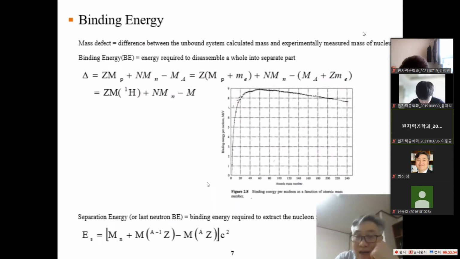For elements heavier than iron, the binding energy is reduced, and for elements lighter than iron, the binding energy is again reduced. So the binding energy of iron is the largest. When some material becomes the size of iron, the binding energy is large and the mass defect is large.